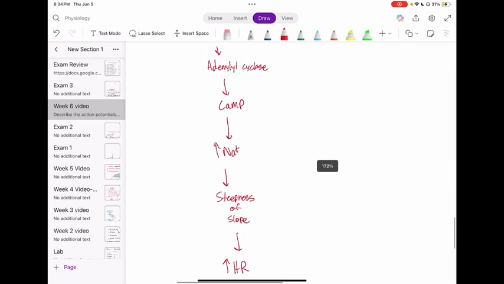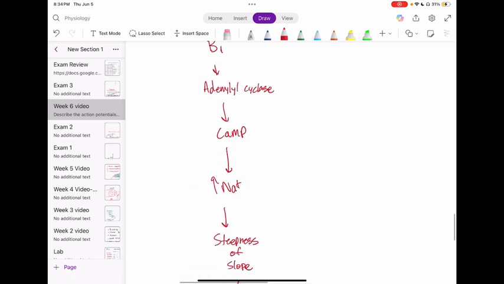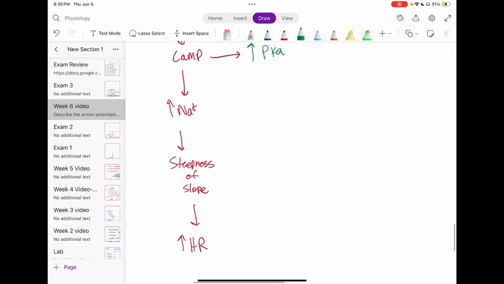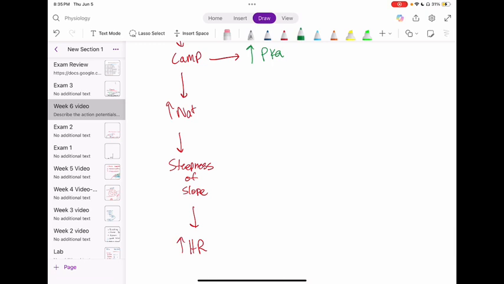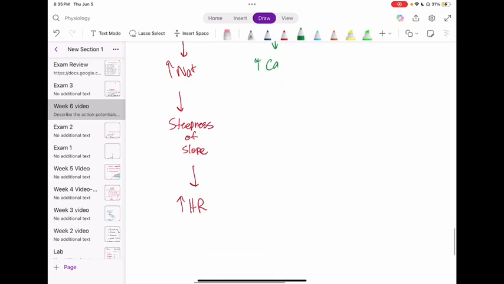There's also another turn here off of cyclic AMP. Cyclic AMP, as well, increases PKA, which we just talked about. Protein kinase A increases that calcium influx. It increases the steepness of the slope again.